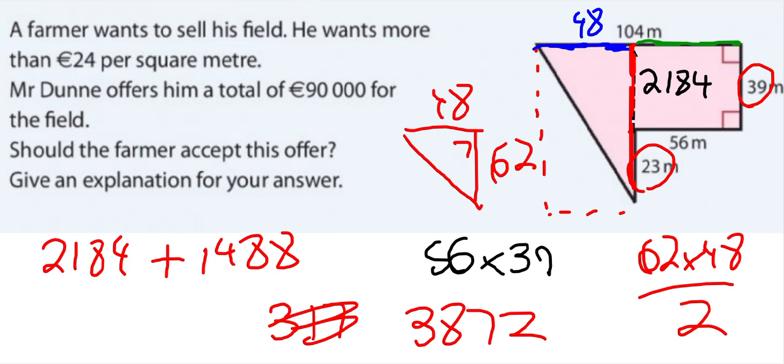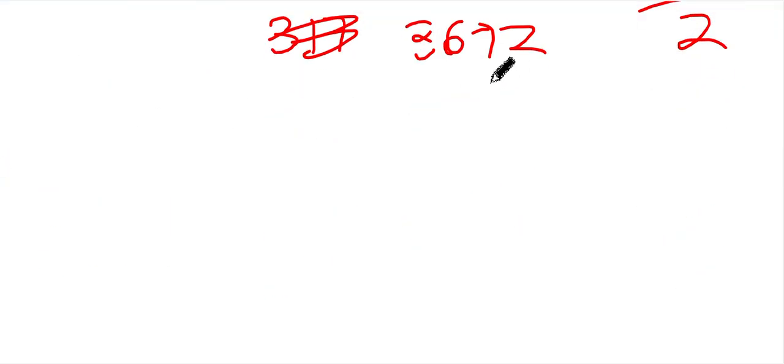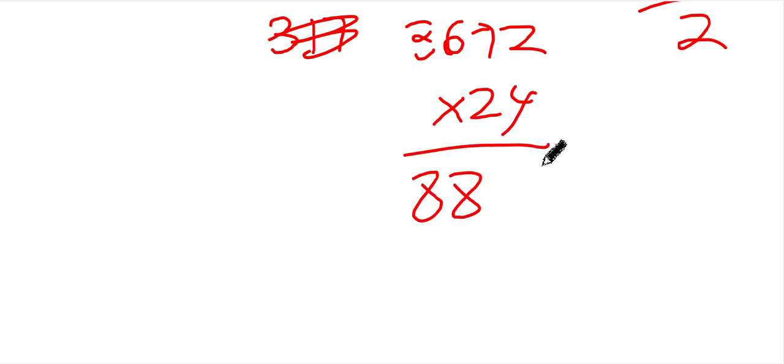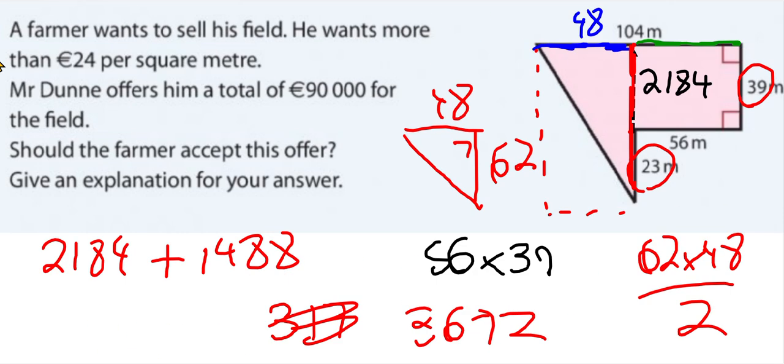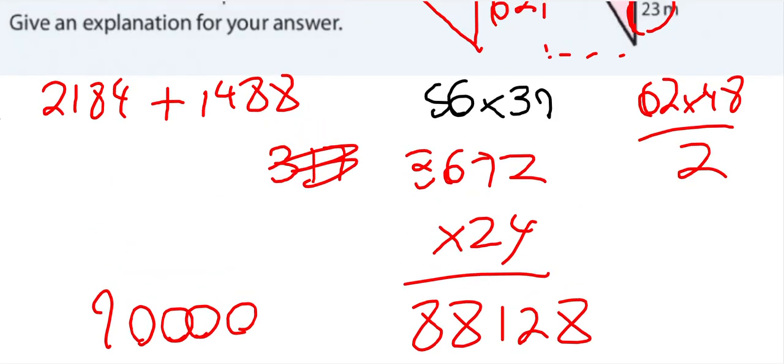Whoa, stop. Shh. It's 3,672. Now, get that and multiply that by the €24 you want per square meter. 88,000 and... So she's getting 90,000 is more expensive than what she wants it for. She should take the deal.